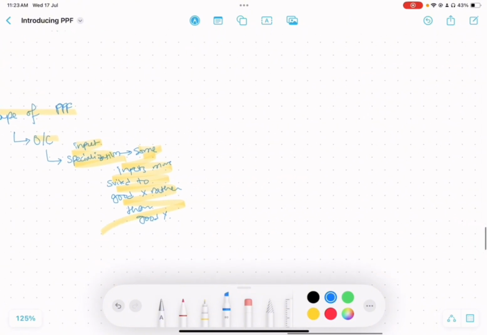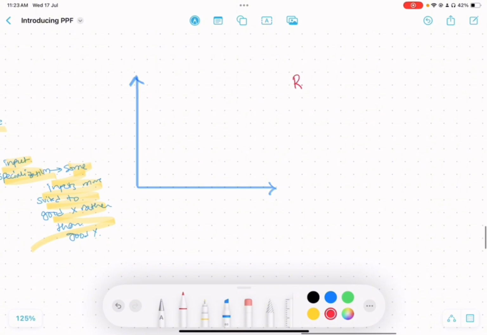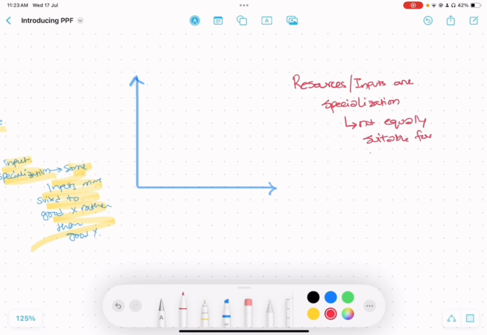So what does that mean? It means that whenever we say that look, if resources or inputs are specialized, okay, which means that they are not equally suitable for all goods.